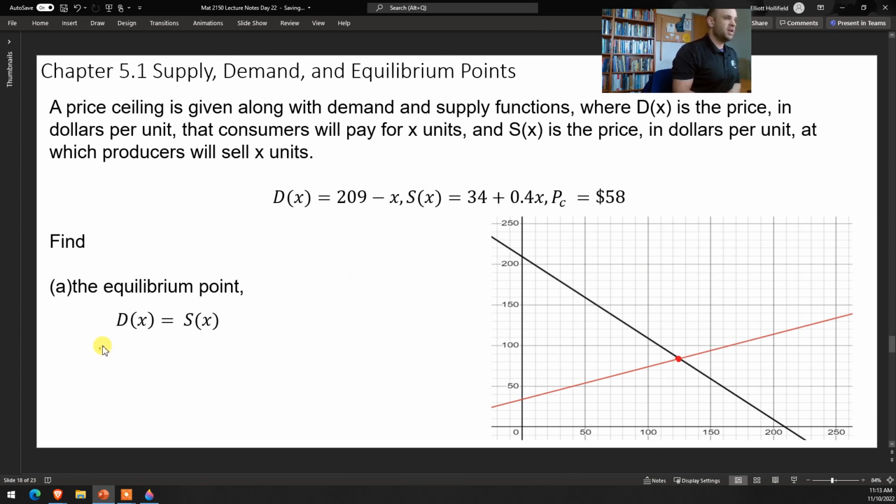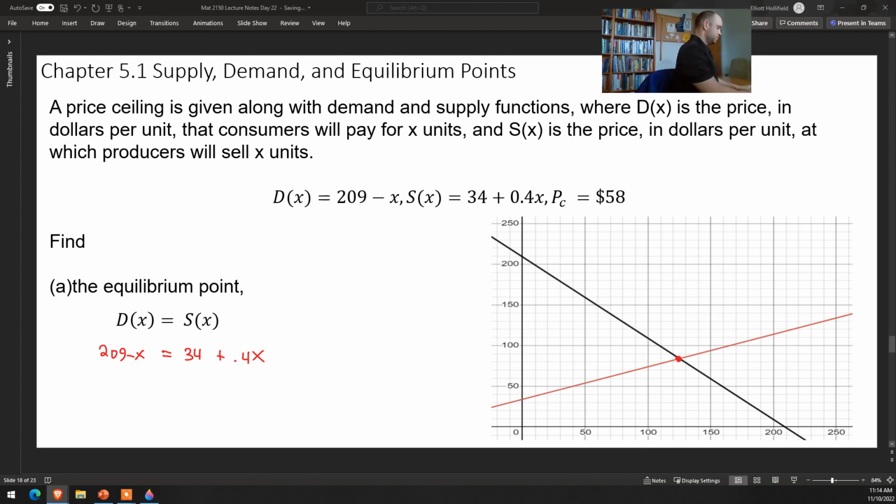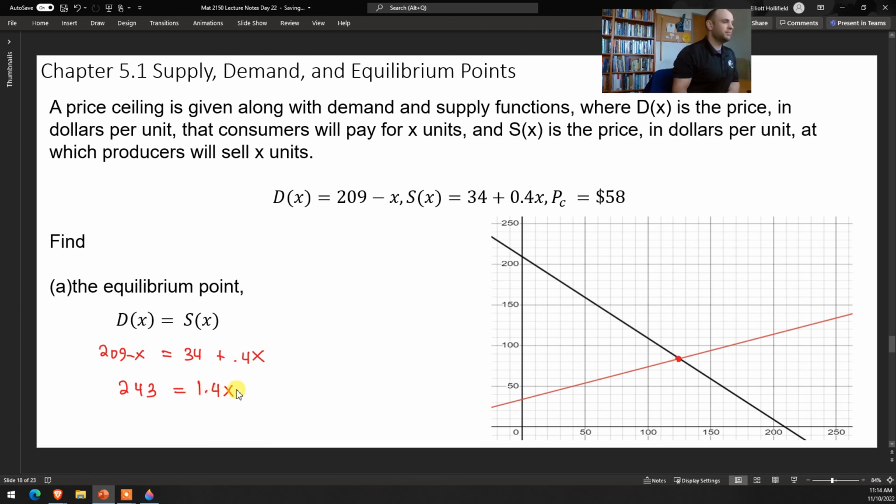Here we set 209 minus x equal to 34 plus 0.4x. 209 plus 34 gives us 243. Add x to both sides, and we get 1.4x. Now we divide both sides by 1.4.